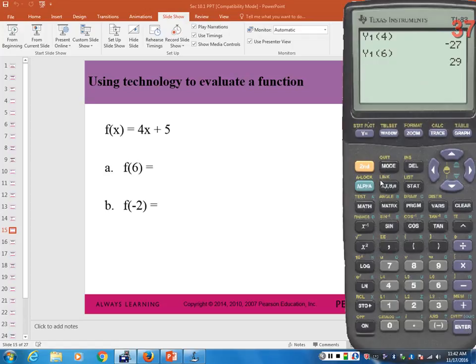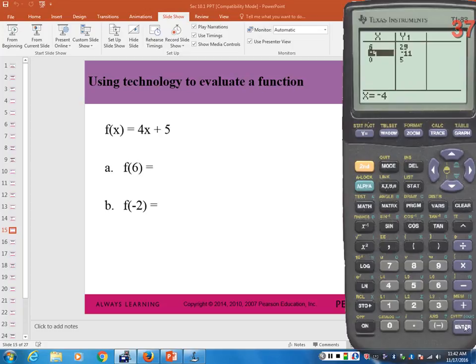And then if we need negative 2, we would again go bars, over to y bars, choose function, and y1, and in the parentheses we would put negative 2. And it says the answer is negative 3. Or we could have gone over to the table and said, what is f of 6?